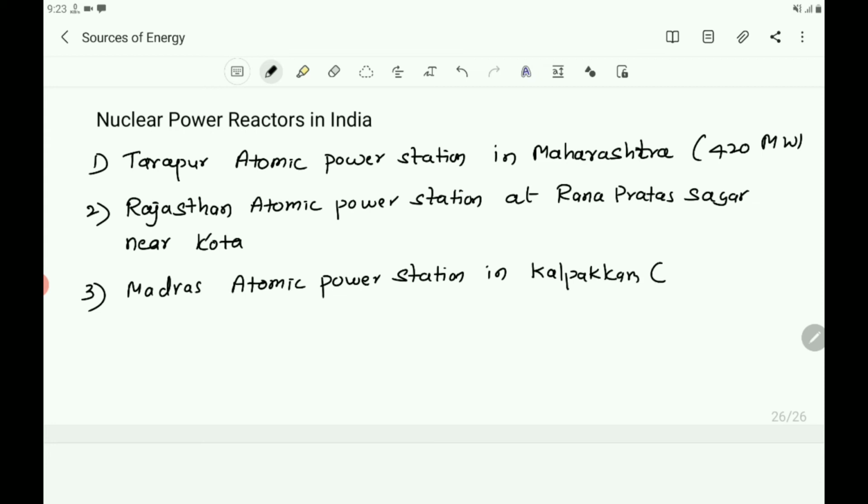That is also of 420 megawatt, and this Kota is 440 megawatt.